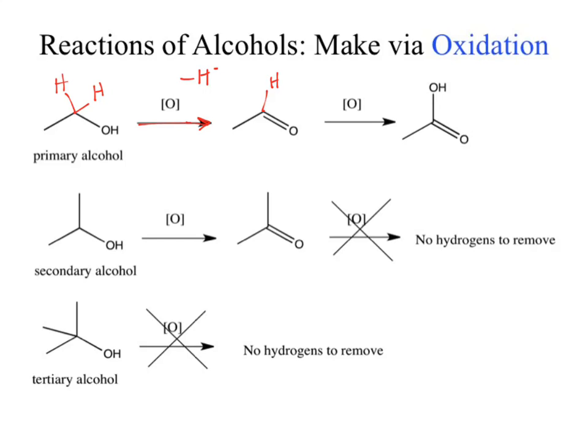I'm not going to draw it as H minus. We lost H, and we've also made a carbon-oxygen bond. We've increased the oxygen, decreased the hydrogen: oxidation. Don't need to know anything about oxidation states. What happens in the next step?